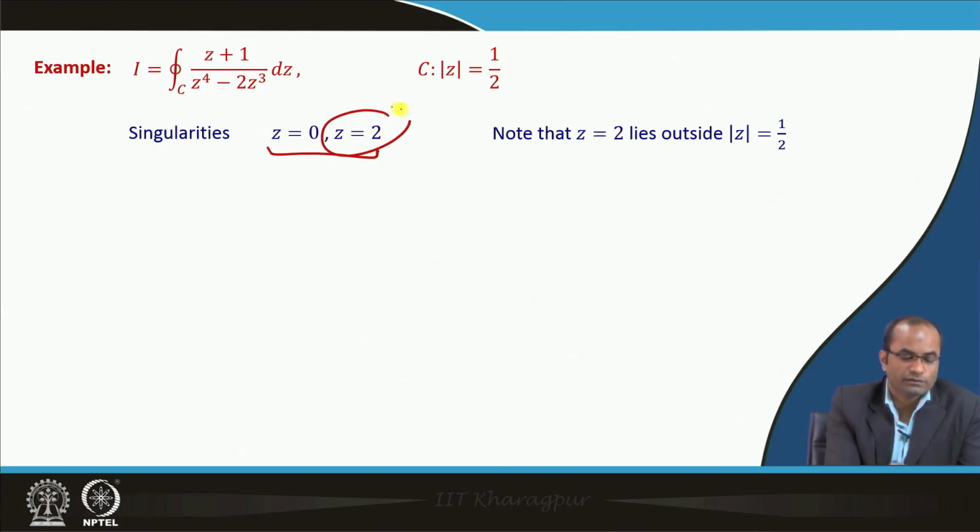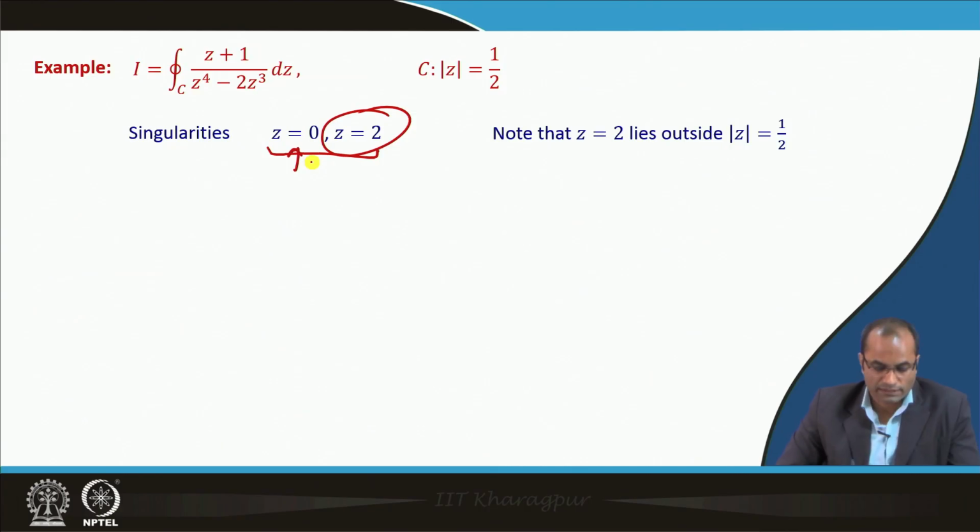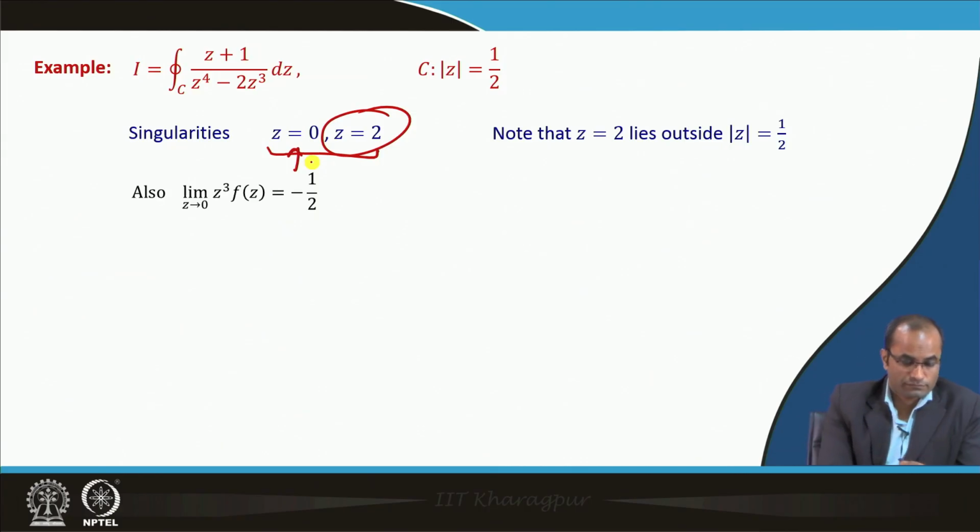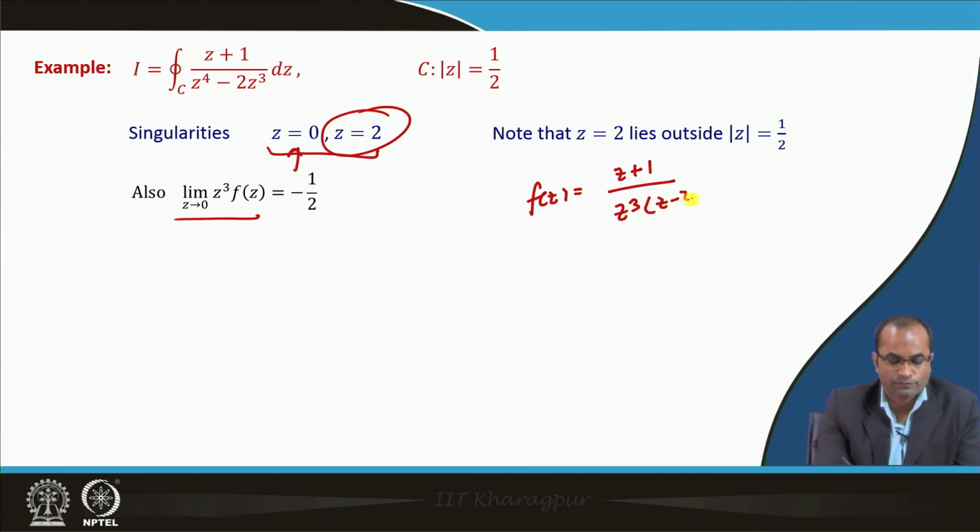Now, we do not have to compute the residue at z equal to 2, we just need to compute the residue at z equal to 0. So, for z equal to 0, the function f(z) is z plus 1, and then we have z cubed and z minus 2.